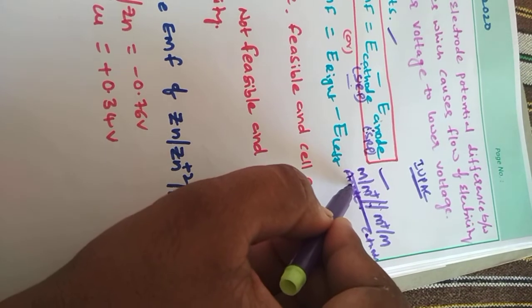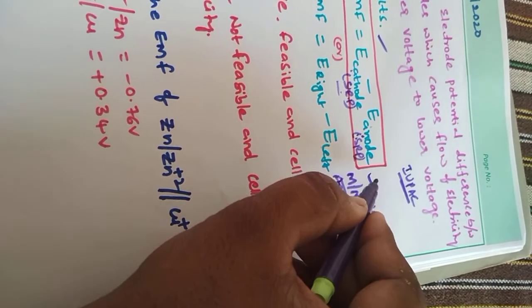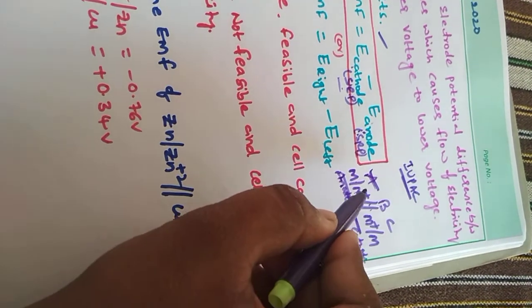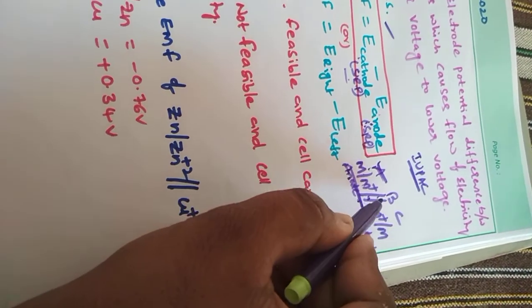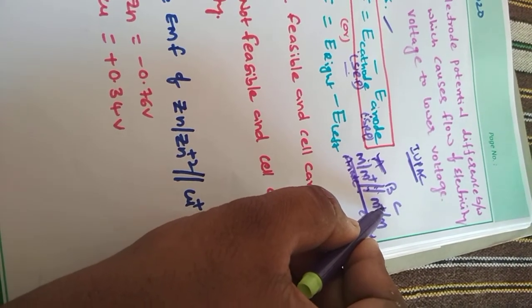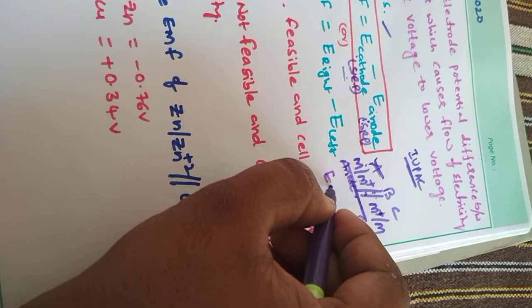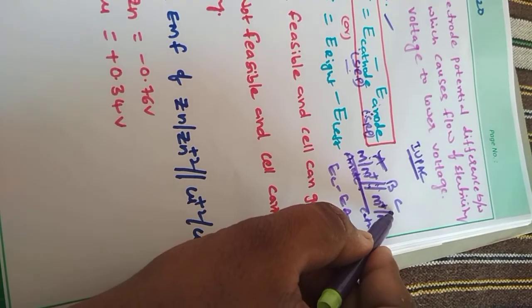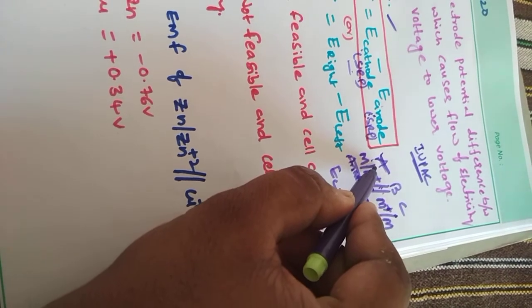A simple trick for this is to write the ABC values. Here A is the anode, B is the bridge, C is the cathode. The simple formula to calculate the EMF is E C minus E A, where C stands for the cathode and A stands for the anode.